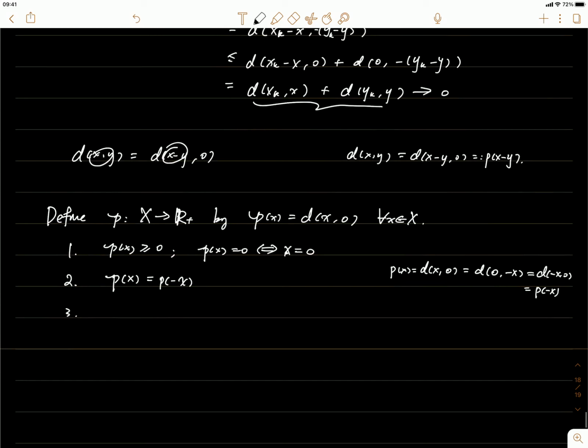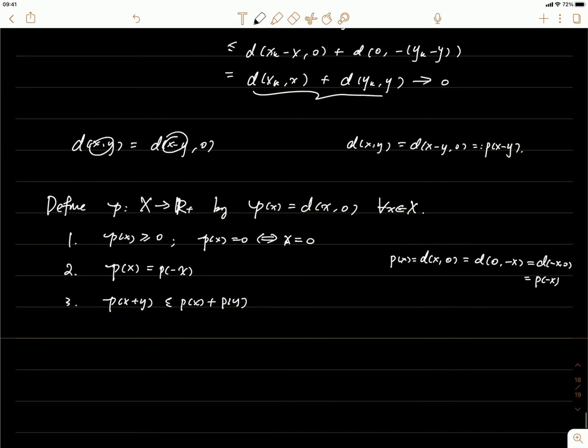Okay. Subadditive: for any x and y, p of the sum of x and y is less than or equal to p of x plus p of y. And again, the proof is pretty straightforward, because this left-hand side is d of x plus y, 0. And this is equal to d of x, negative y if I subtract y from both arguments.